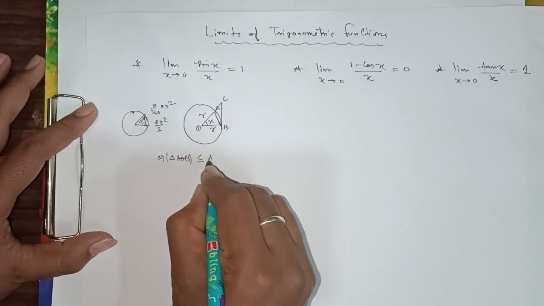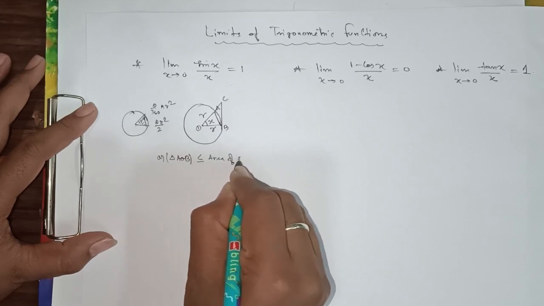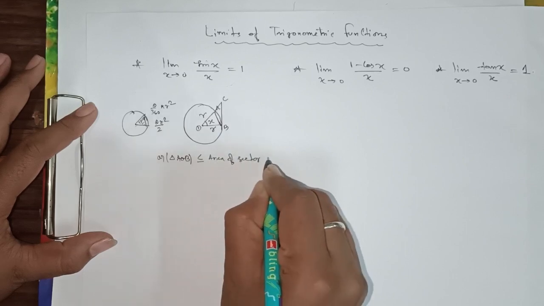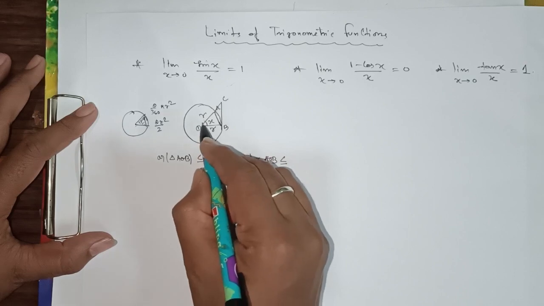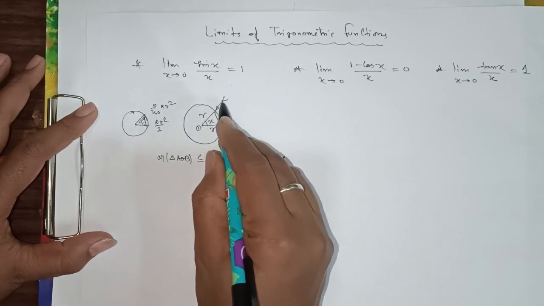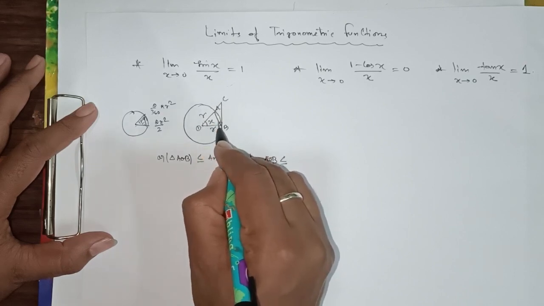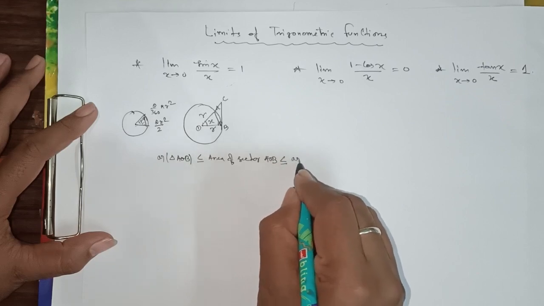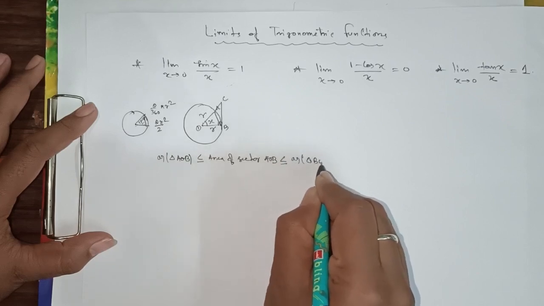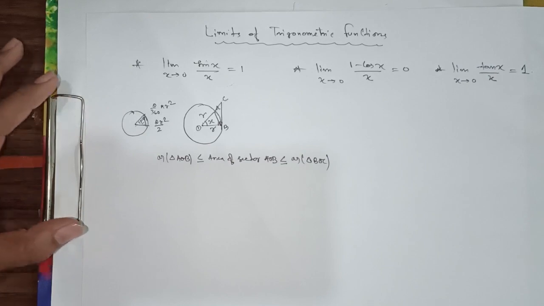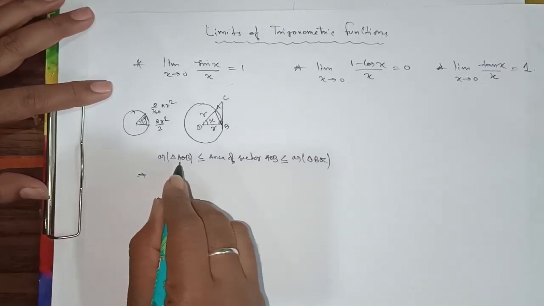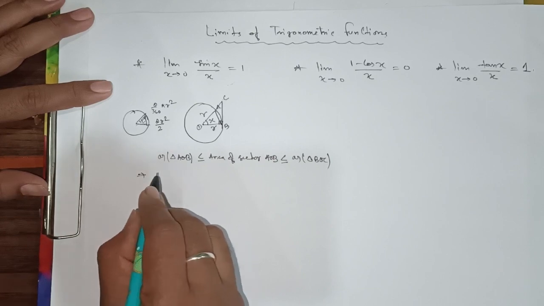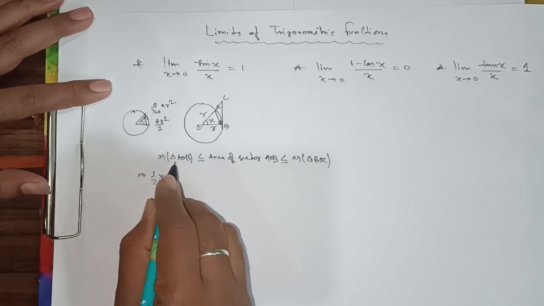So we'll get area of sector AOB, which is smaller than the area of the bigger triangle, that is BCO. We are taking this as a right angle triangle. Yes, we can write area of triangle BOC. Now the area of triangle AOB can be written as half into base.